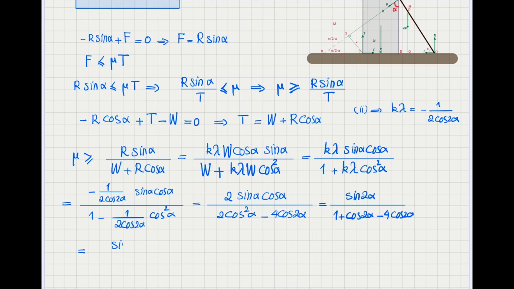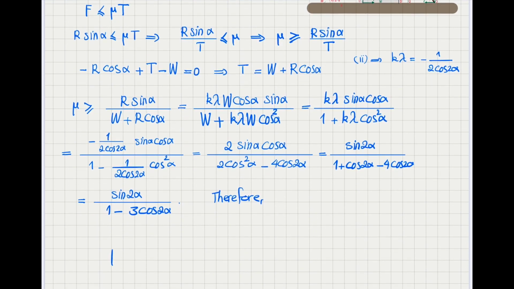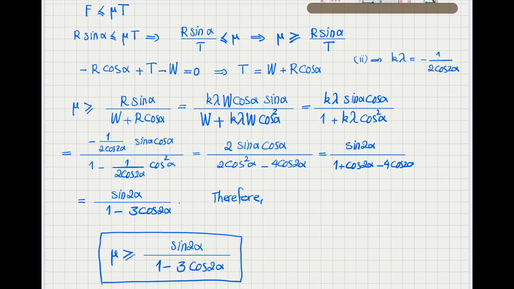So it becomes sine 2 alpha divided by 1 minus 3 cosine 2 alpha. So therefore, we were able to show that mu, the friction coefficient, is greater than or equal to sine 2 alpha divided by 1 minus 3 times cosine of 2 alpha. And that is what was demanded in this problem.